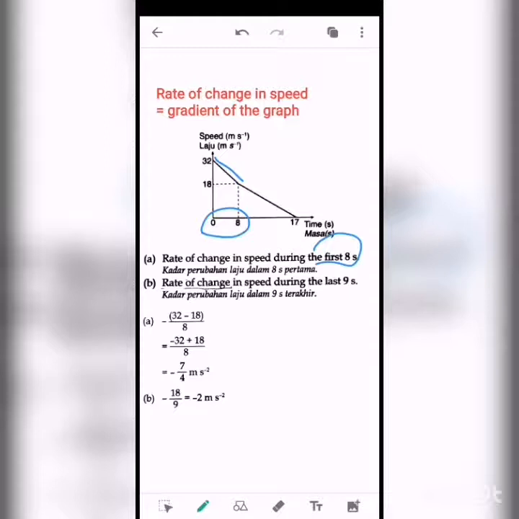Okay, maybe you don't need to use this working. The gradient formula is y2 minus y1 over x2 minus x1. So first 8 seconds, y2 is what? 18.